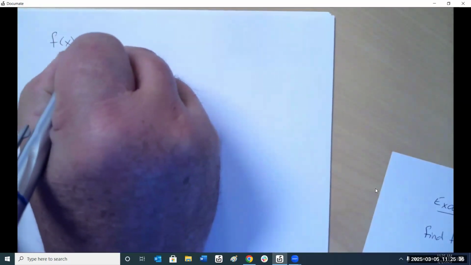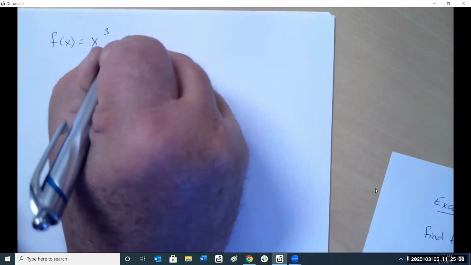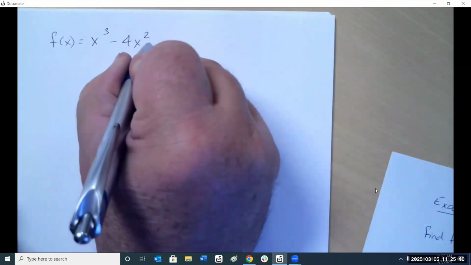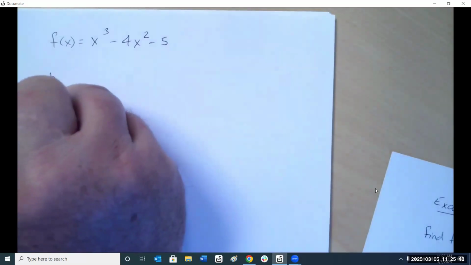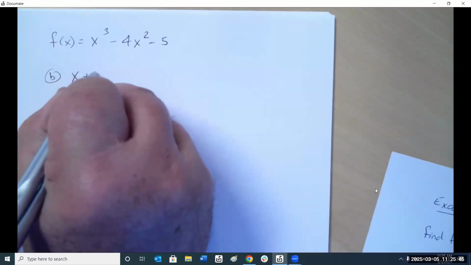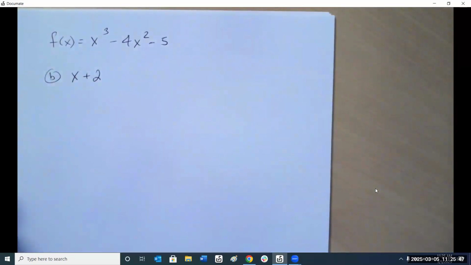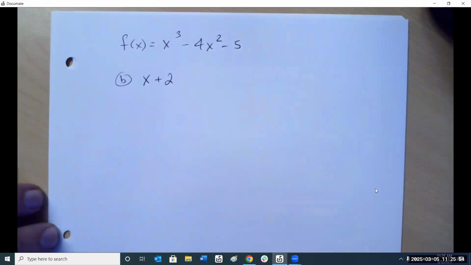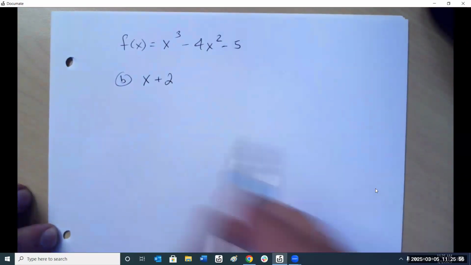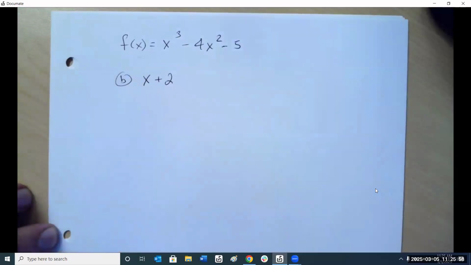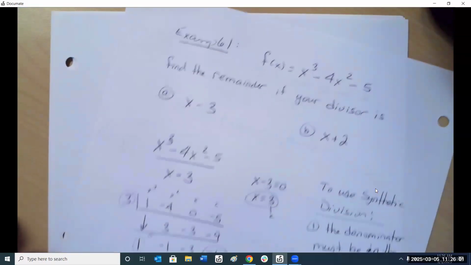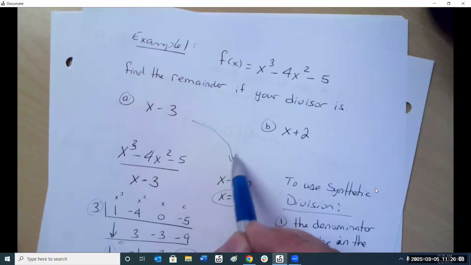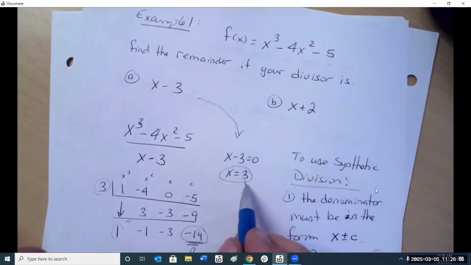Let's look at B. The same function, x cubed minus 4x squared minus 5. Find me the remainder of this equation when x is -2. Where did you get -2 from? What's the first thing I did? You have to first find your c value.